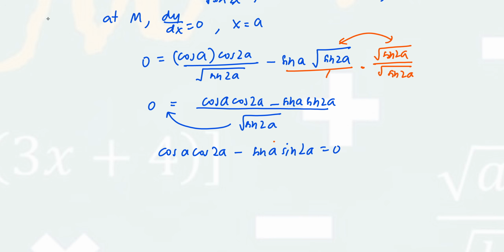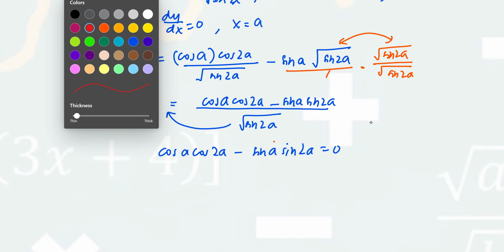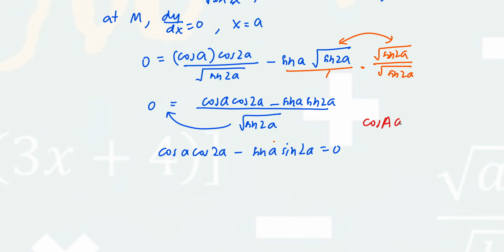Okay, and now we have a formula to simplify this. cos A cos B minus sine A sine B is going to be cos of A plus B. Okay, so I will just apply this. It means my A is the lowercase a, the B is my 2a now.